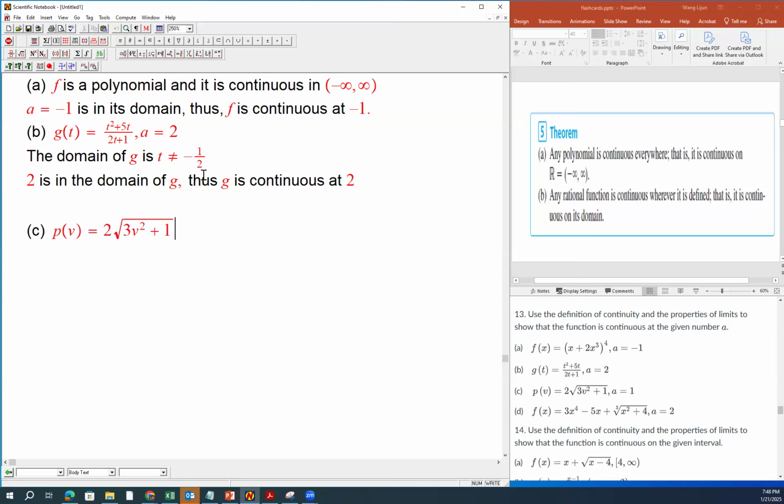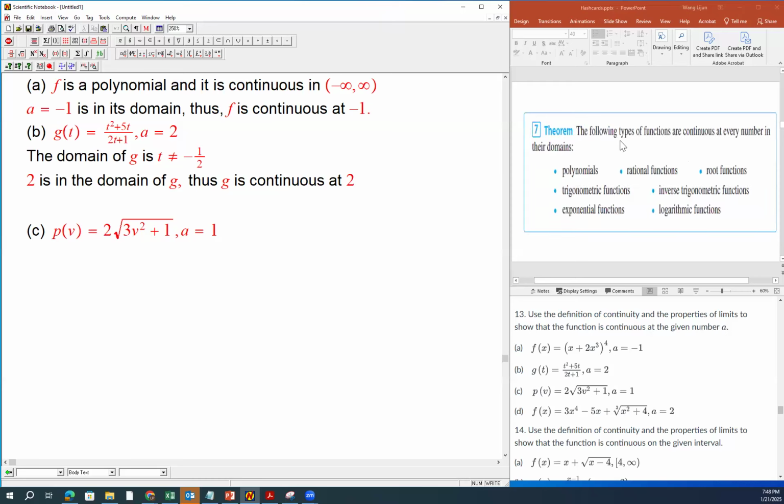And a is 1. We have a theorem that root functions are continuous in their domain. All we have to demonstrate is that a equals 1, 1 is in the domain of P.